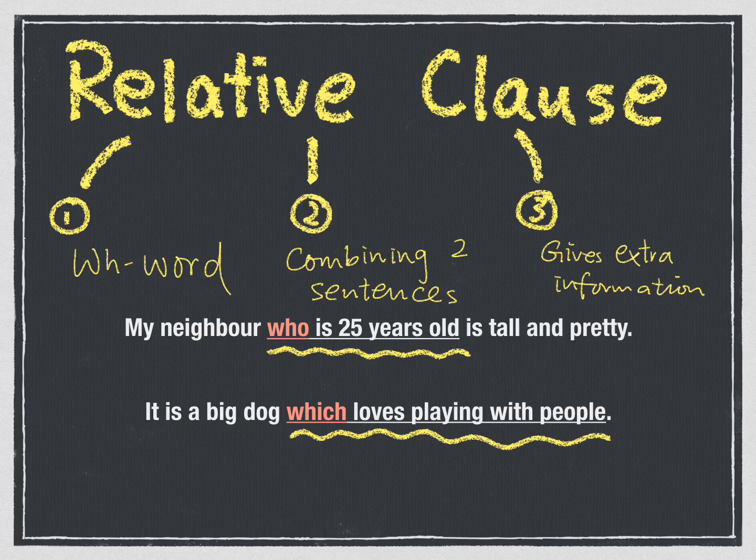And if we see clauses like this with the WH word combining two sentences into one and gives extra information, then we can consider that as a relative clause. This is how you can identify a relative clause. So the underlined part here in these sentences, who is 25 years old, which loves playing with people, these are considered as relative clauses.